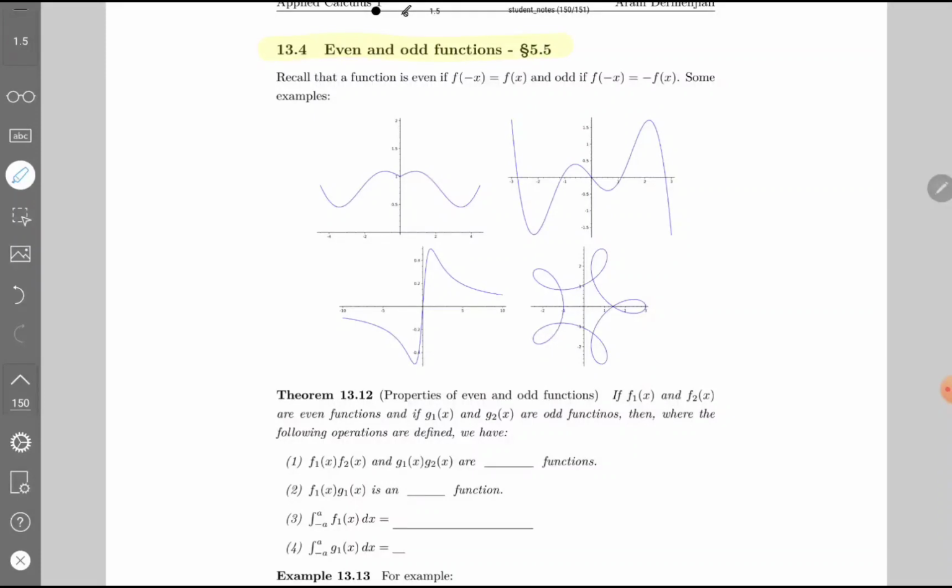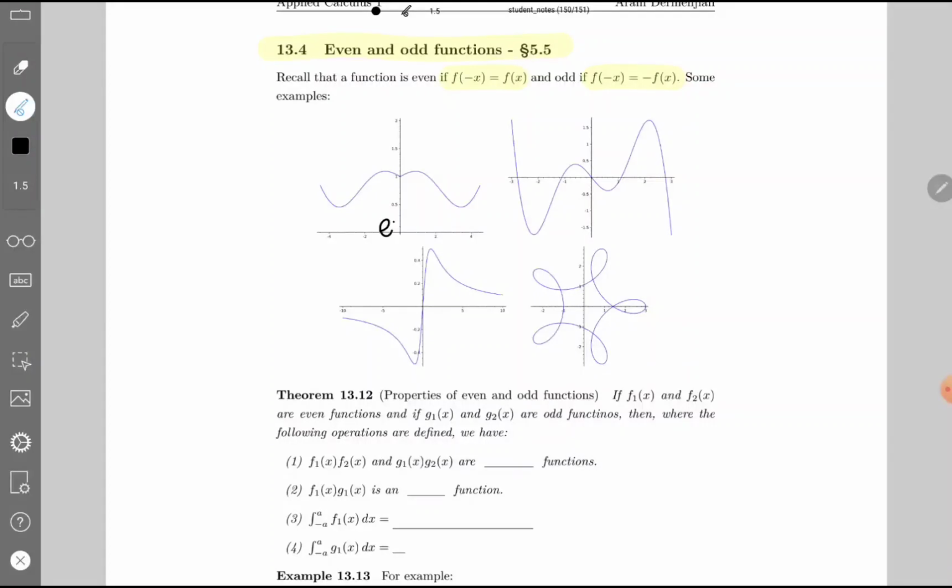So remember, what were our definitions for even and odd? Even is when we plug in a negative value, we get the function itself. And odd is if the negative pops out. So here we have some examples, and let's see if you remember what each one was.